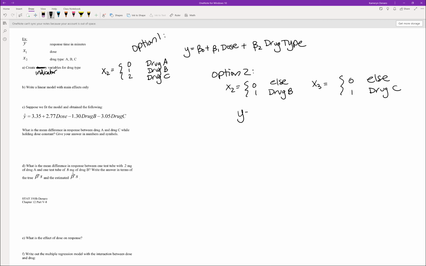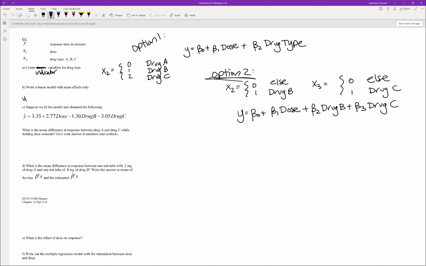So then our model becomes y equals beta 0 plus beta 1 times dose plus beta 2 drug B plus beta 3 drug C. Essentially, if the indicator for drug B equals 0 and the indicator for drug C equals 0, then we are at drug A. We're going to write a linear model with main effects only, and I'm going to use option 2.